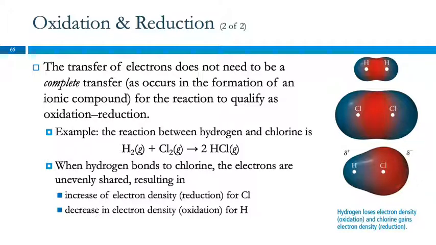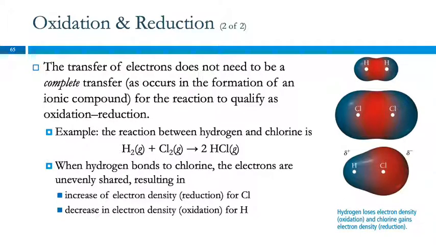It's not like the chlorine has totally taken the blanket and gone off and slept in another bed. Still sharing a bed, still sharing the blanket, but hydrogen's only getting a little bit of the blanket and chlorine's getting more. Whereas before, they were shared equally.